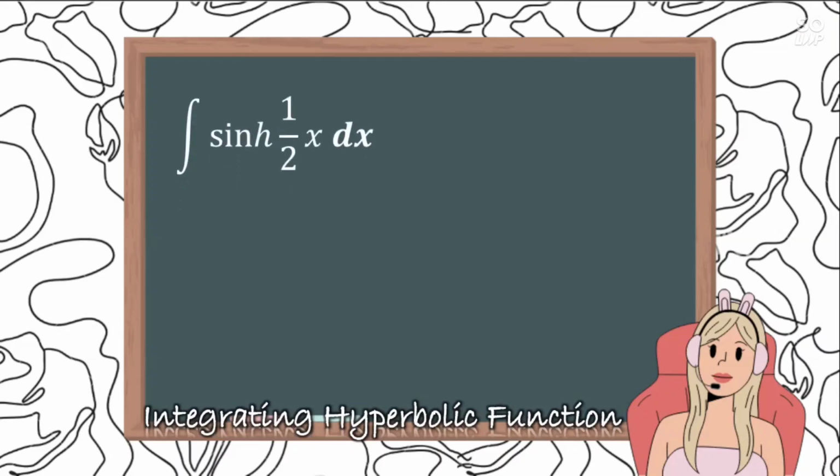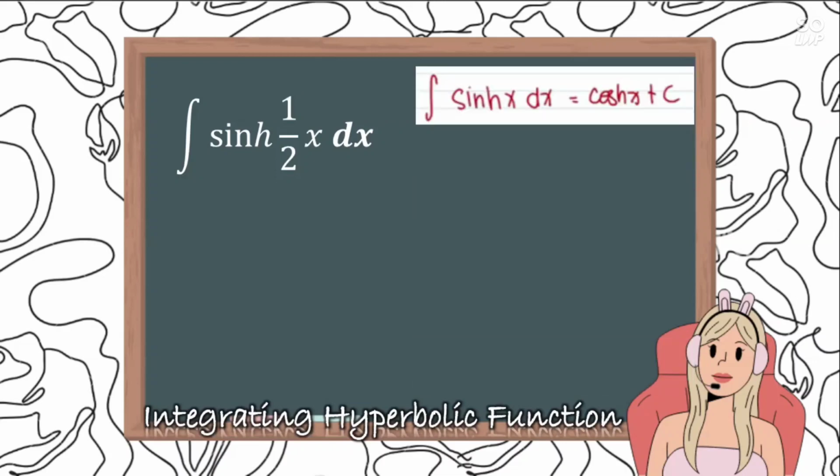As we can remember, if we look back at the formulas from the previous slide, the integral of hyperbolic sine x dx is equivalent to hyperbolic cosine x plus c. We can see that there is no negative, whereas in trigonometric functions, there should be a negative.